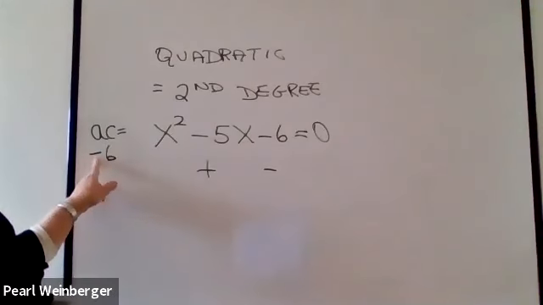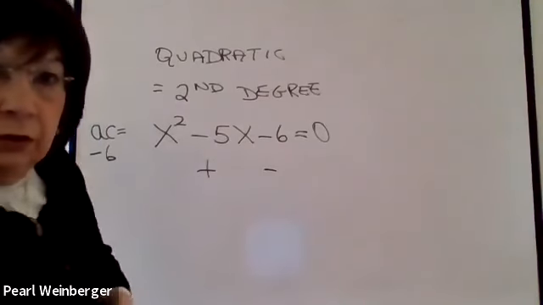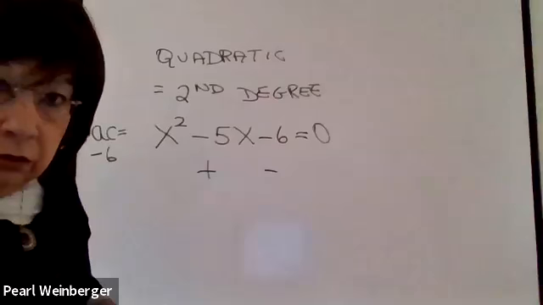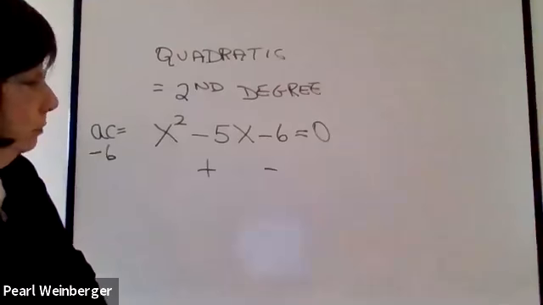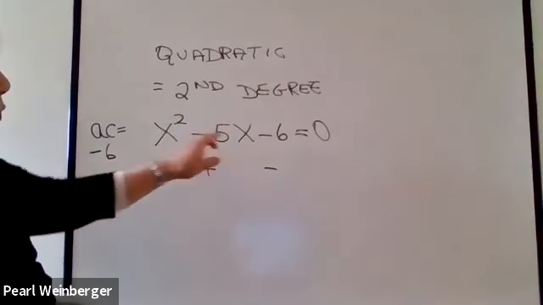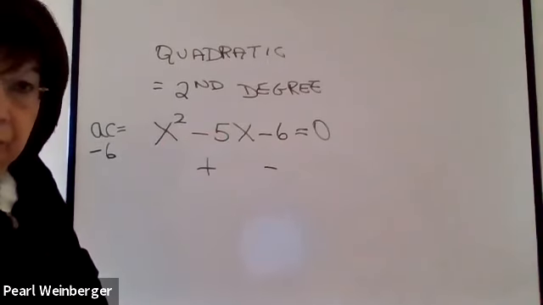And when I subtract, because this is a minus, my answer is going to be 5. What numbers multiply to 6, but when I subtract them, give me 5? Anybody?